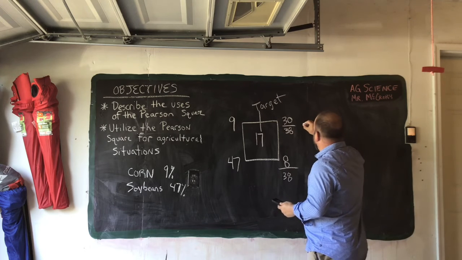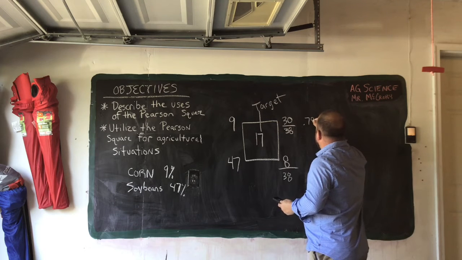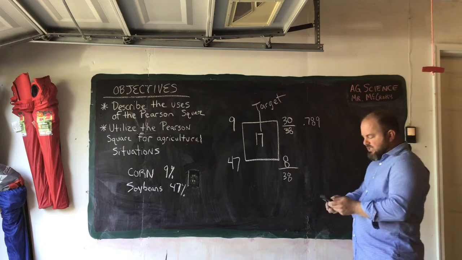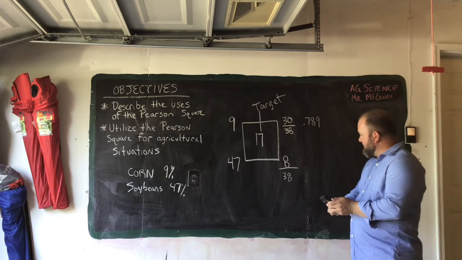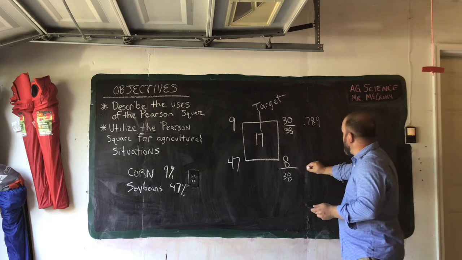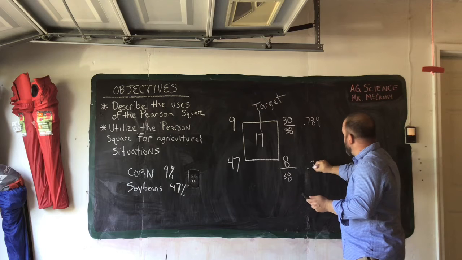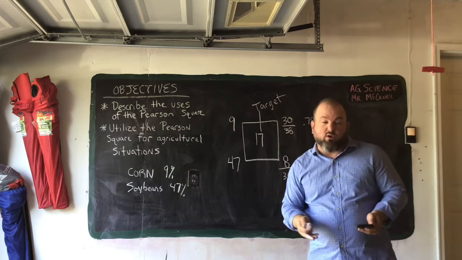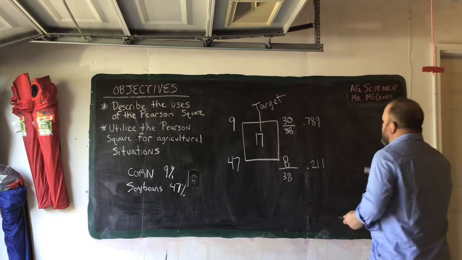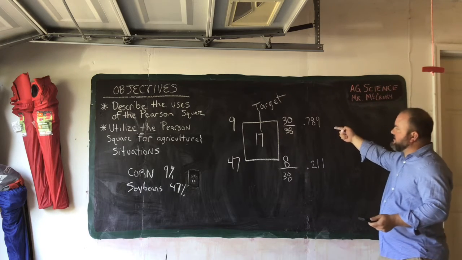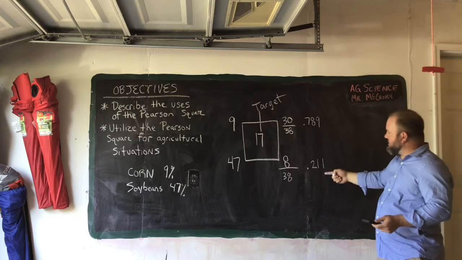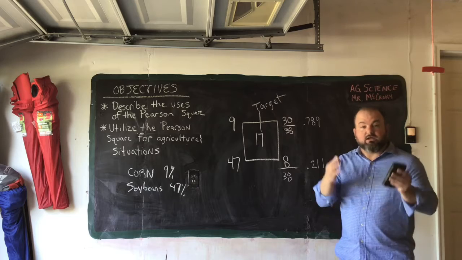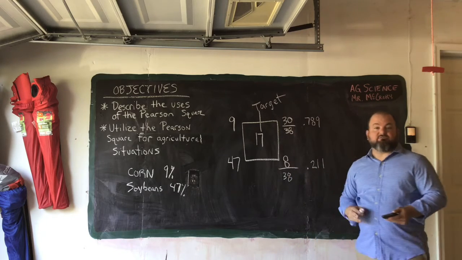So that equals 0.789 as a percentage. Now, if you take 8 divided by 38, you're going to get 0.211. If you add those both together, it's going to come out to 1.0. Okay? So you're going to take 78% corn, or 79% corn, and 21% soybean ration in order to grind that up to get a desired feed of 17%.